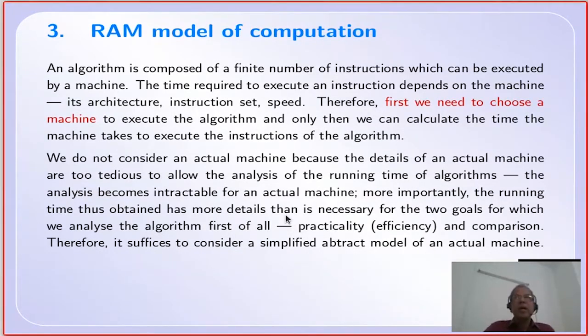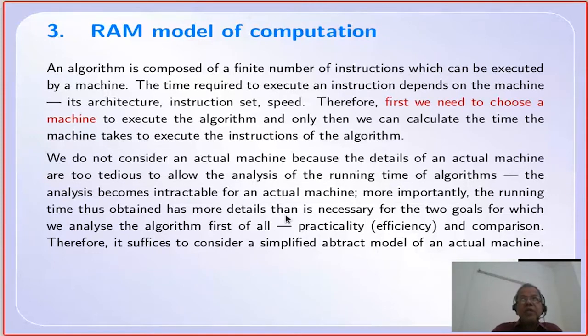To analyze the running time of the algorithm, first thing we need to do is to choose a machine. What is the target machine on which the algorithm will be executed? We do not want to choose a real machine such as 80x86 or 68000 and so on. A real machine is very complicated. Its architecture, instruction set, speed.